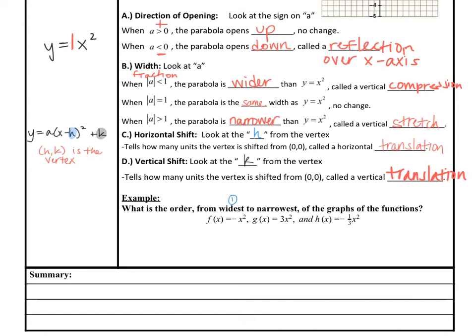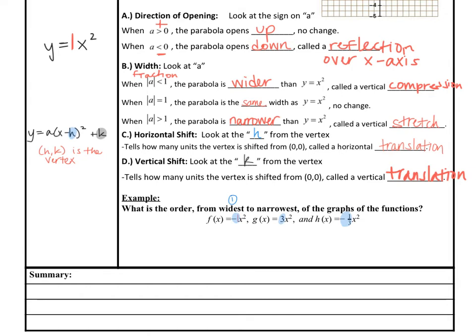So let's make sure we know what all of our a values are. The a value in front of this one is -1, then we have +3 and -1/3. That's what we want to look at. So make sure we see those, because the a value is what makes it wider or narrower.